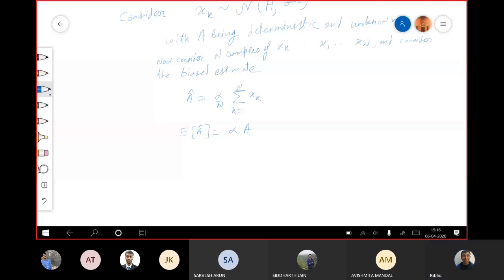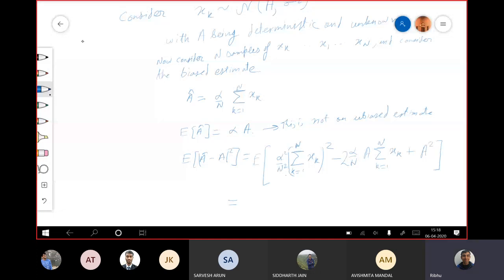This we already know is n square mu square plus, skipping a step, alpha square times A square minus 2 alpha A square plus A square.